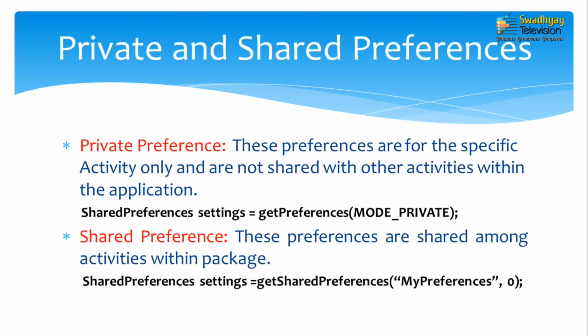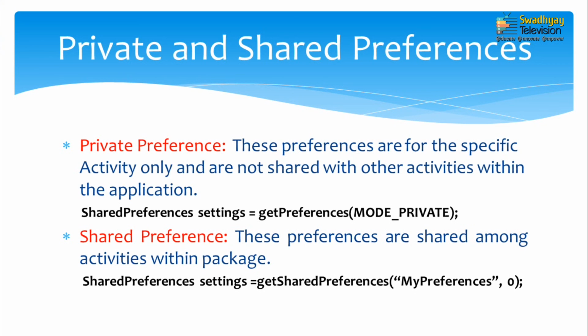Now, to get these private preferences, you can use get preferences method. You have to specify mode as private and it returns instance of shared preference object. Once you get this shared preference object, you can also edit or put content inside these shared preferences, and to get shared preferences, we have method get shared preferences.